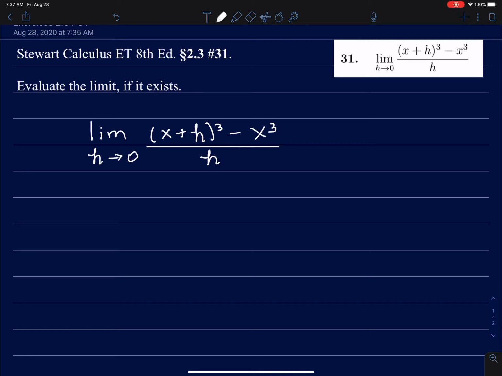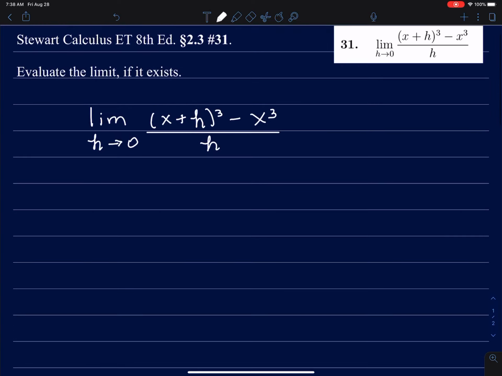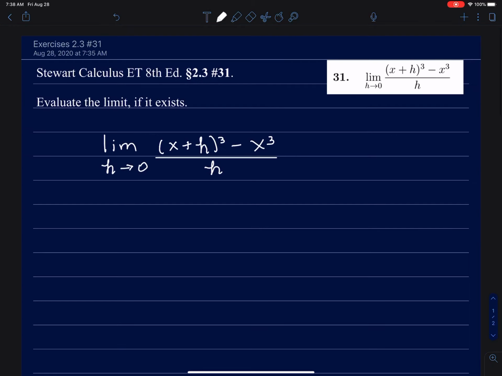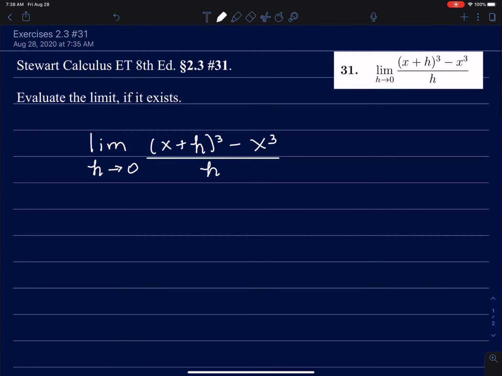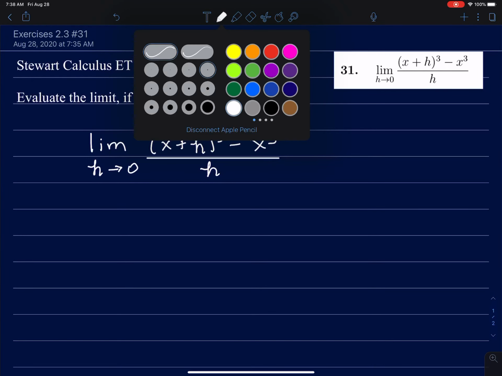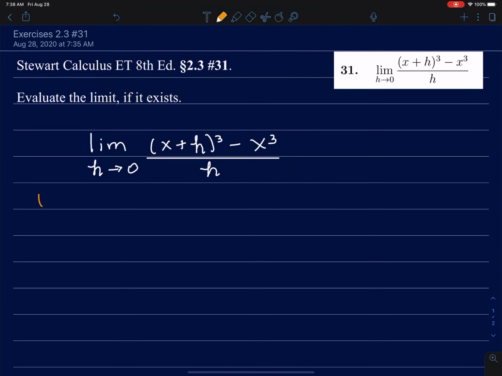Okay, we're going to find the limit of this rational expression. Notice what we have is a binary expression raised to the third power. Really, most of this problem comes down to simply using the formula for the expansion of a plus b to the third power.